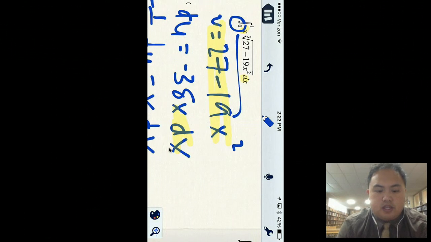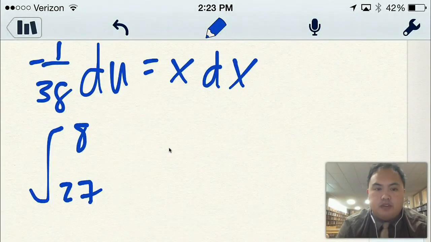I'll take 1 and plug it into here also. When I plug 0 into my u equation, I'm going to get 27. And if I plug in 1 into this equation, I'm going to get 8. So those are my bounds.